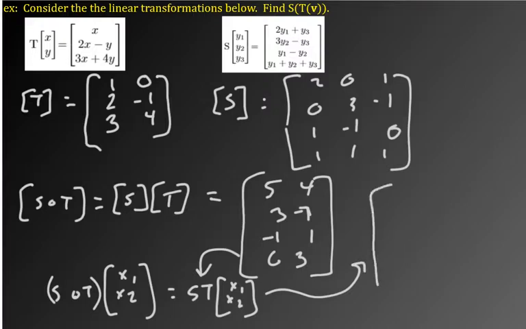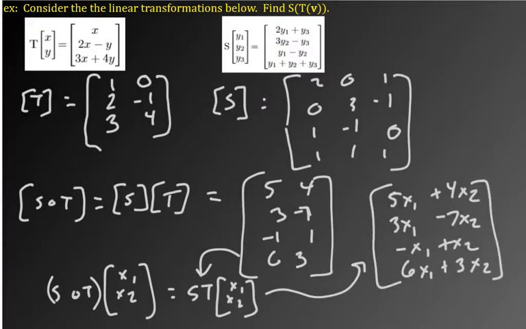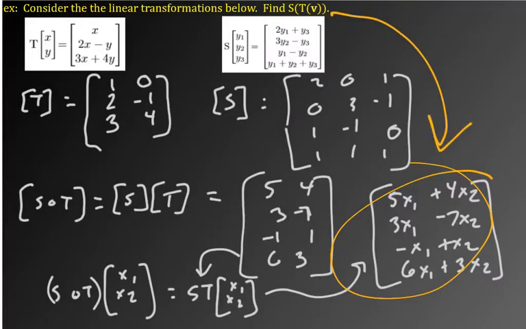If you do that out, you would get this. And that'd be it. This would be the result of doing T on V and then S on T on V. But you can save yourself a lot of time in these kinds of problems if you just write the matrix out, do the multiplication, then use that matrix operating on some arbitrary vector to get this.